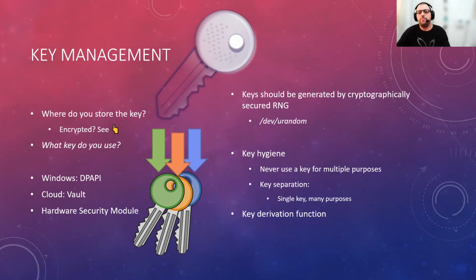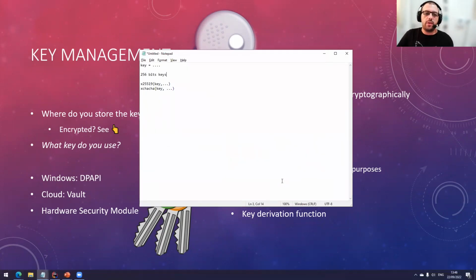The context may be something like that. Now I generated from this key with this context a separate derived key.